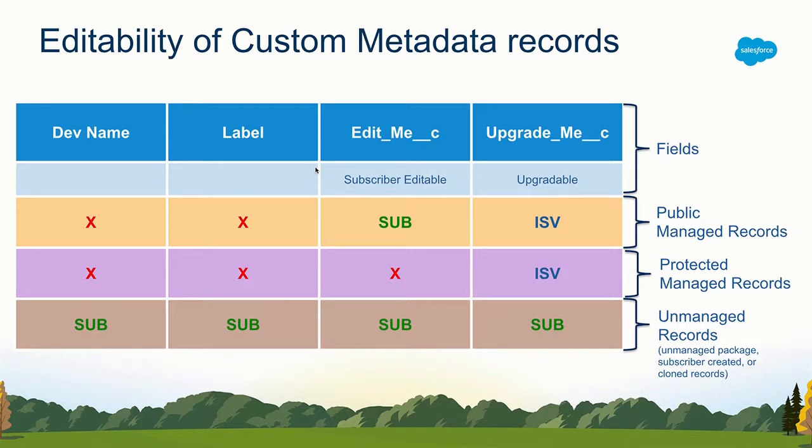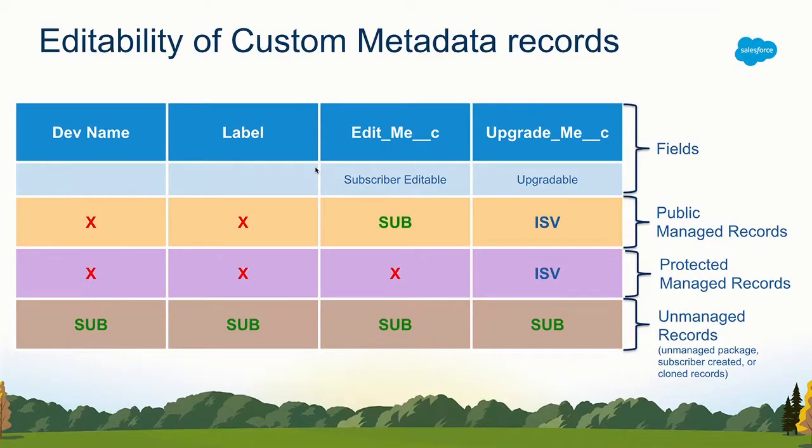Then from there, you're adding custom fields, just like a custom object, and they get that __c notation. So here we have two custom fields. When you create a custom field, you get to define whether it's subscriber editable or upgradable. Here I have edit me, just for the sake of clarity, that is subscriber editable, and upgrade me, that is upgradable.